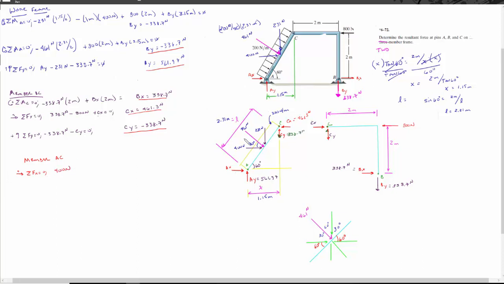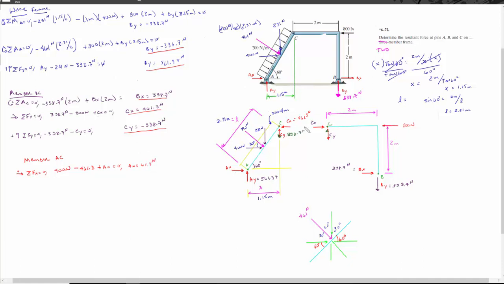That's this 400 newtons right here. Minus, subtracting this 461.3 newtons, plus AX is all equal to 0. So AX is equal to 61.3 newtons.